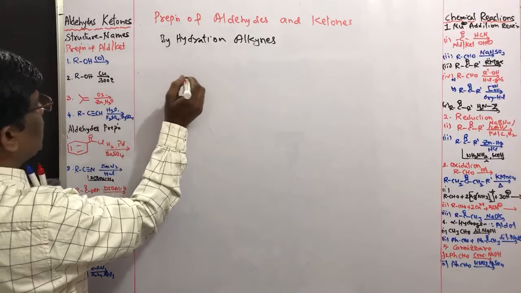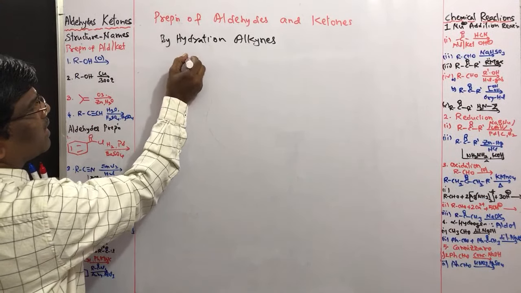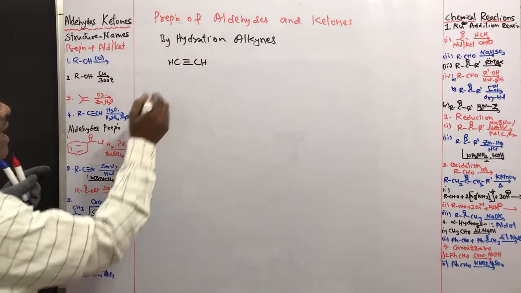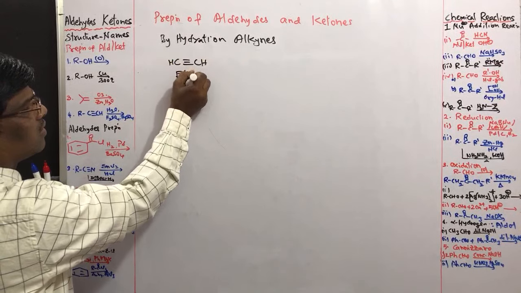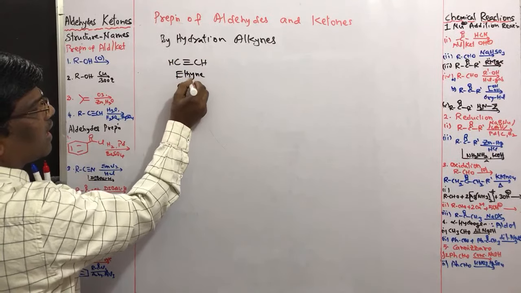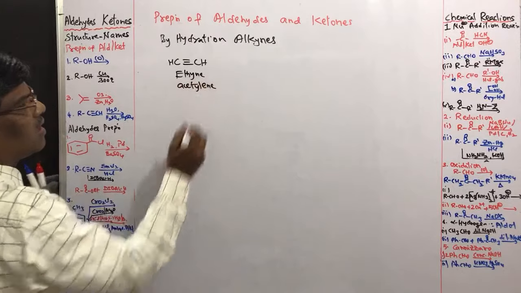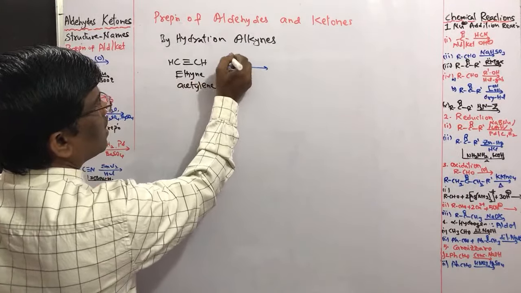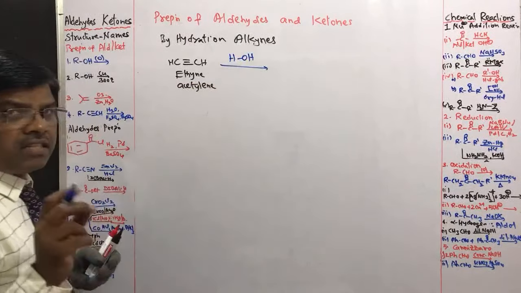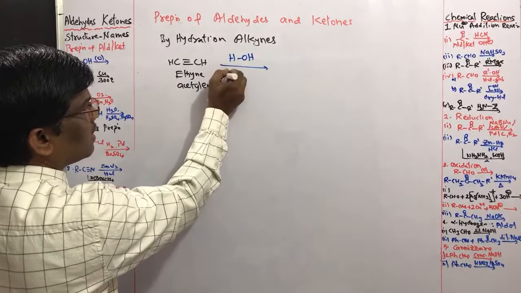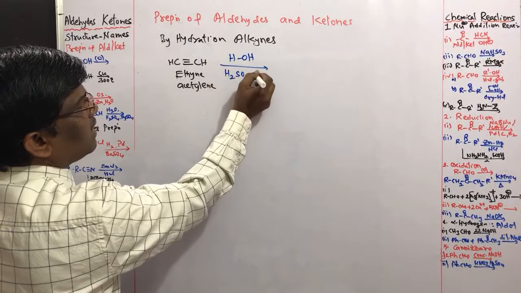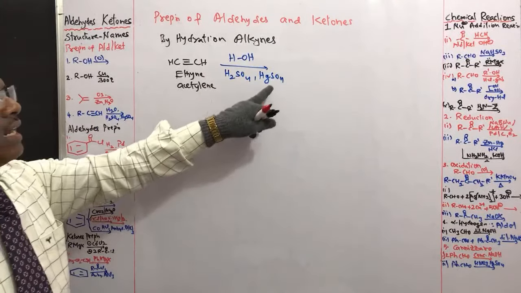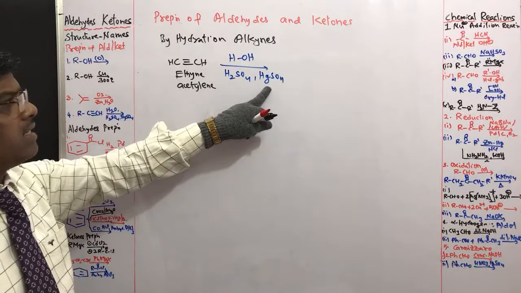For example, if I take ethyne, or acetylene, and treat it with water in presence of sulfuric acid and mercuric sulfate, the mercuric sulfate acts as a co-catalyst.